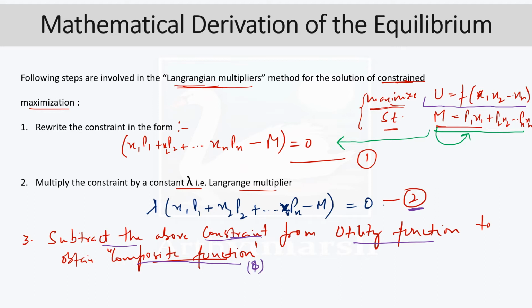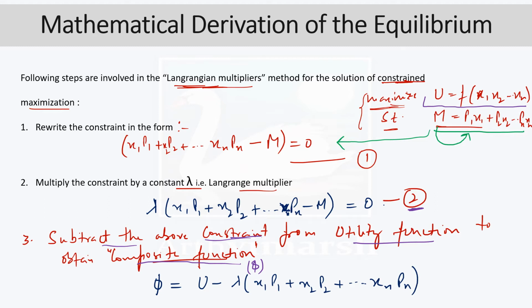The resulting composite function will be equal to our utility function minus the above constraint in equation 2, that is lambda times quantity times price plus quantity times price of second commodity, so on up to n commodities, because we are considering the general case for n number of commodities in the market.